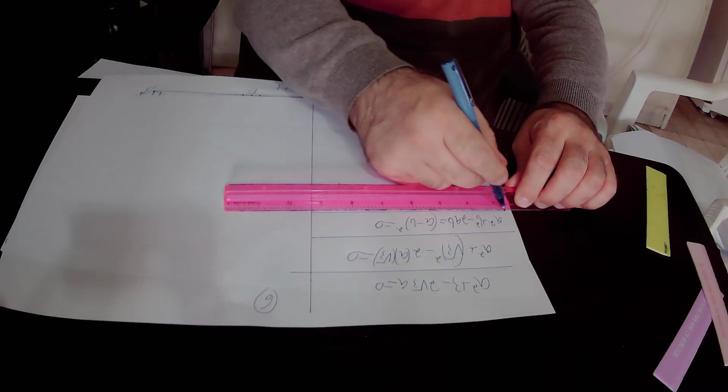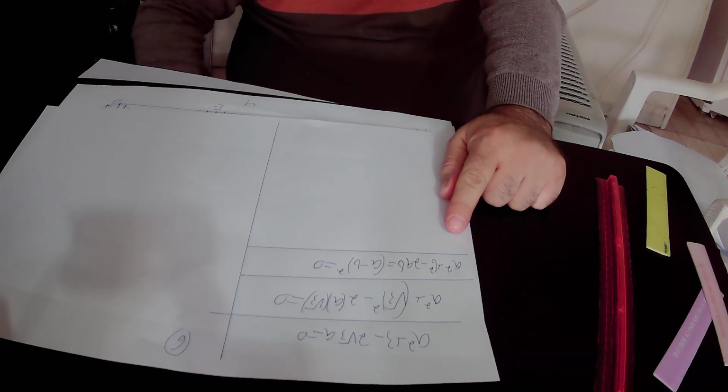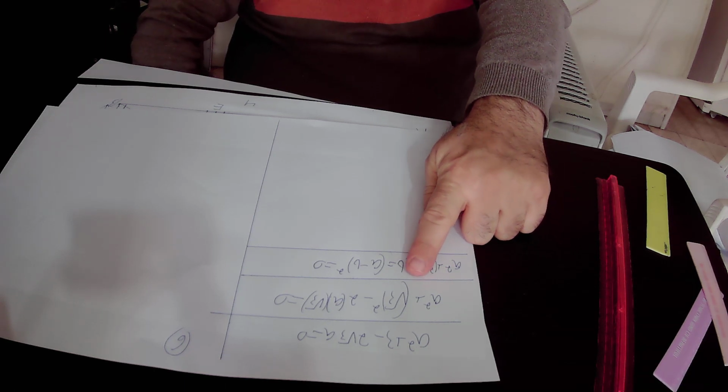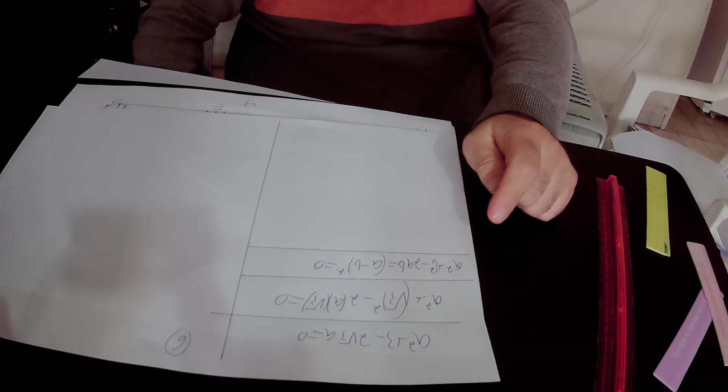According to this algebraic identity, we can substitute this expression by a minus b squared.